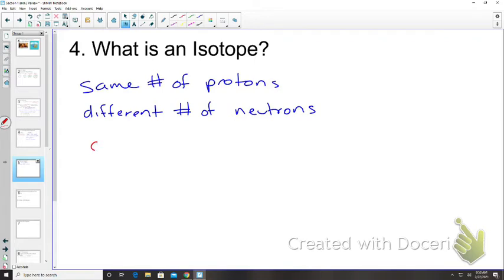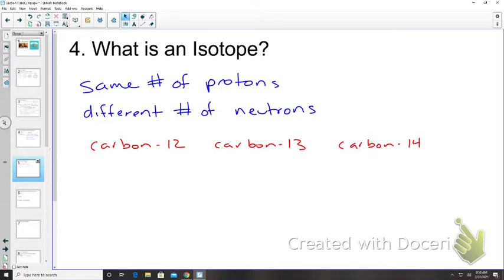So, carbon 12, carbon 13, carbon 14. So in these three isotopes, it's carbon, right? How many protons does carbon always have? 6, right? Okay.